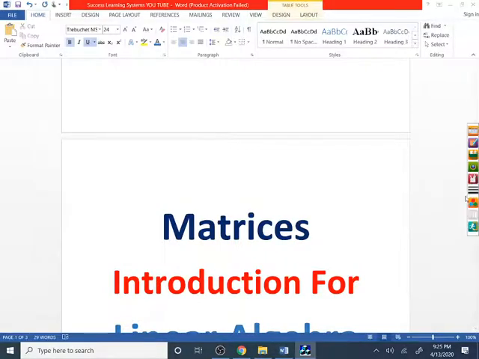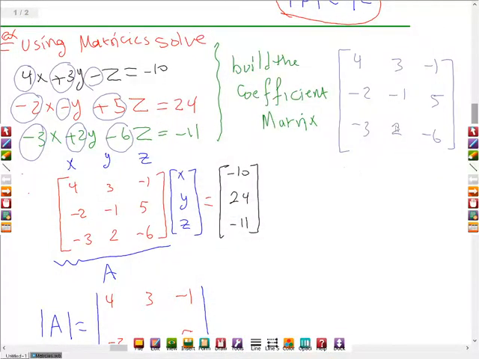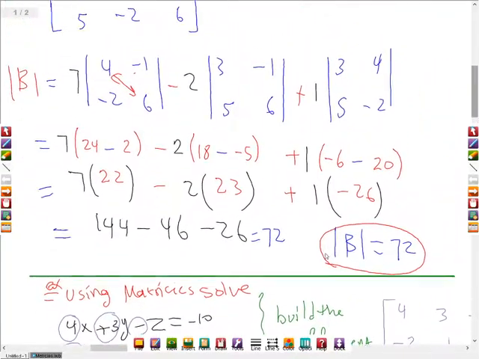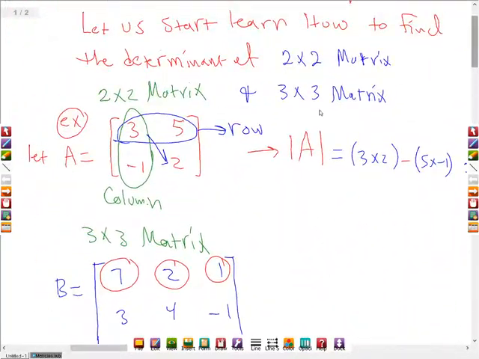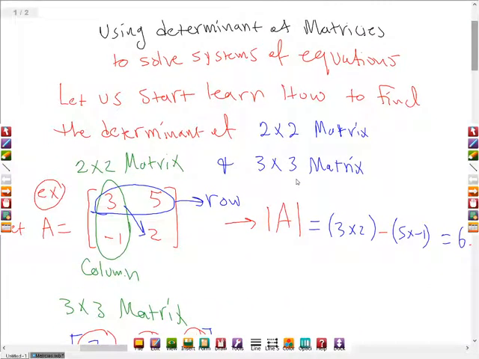Let us start with the inverse, using determinants of matrices to solve systems of equations.